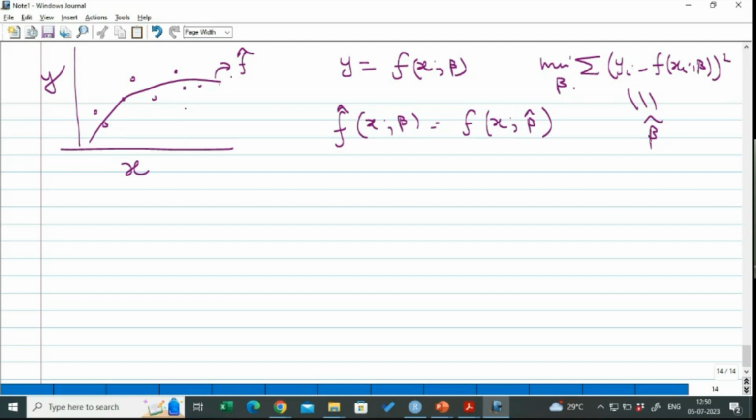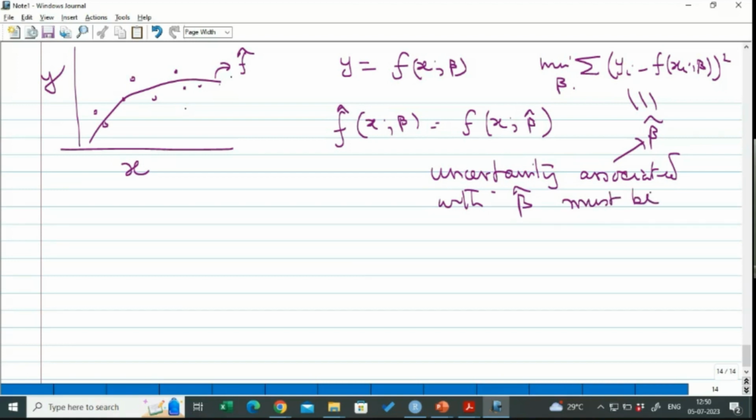So the uncertainty associated with beta hat must be estimated, right? If we want to estimate the uncertainty, what probably can we do?